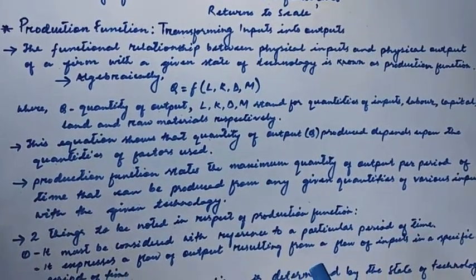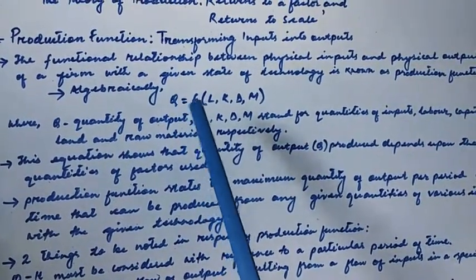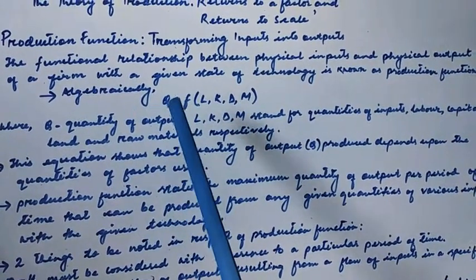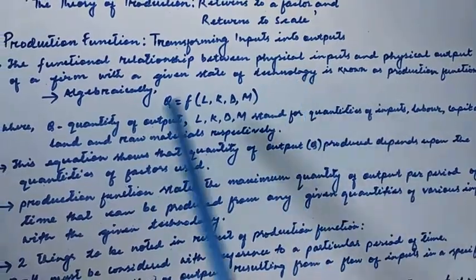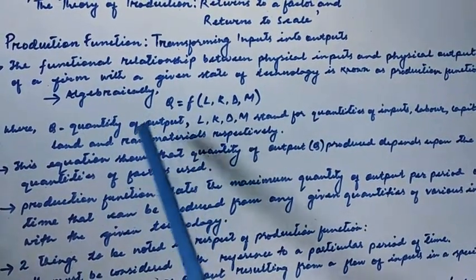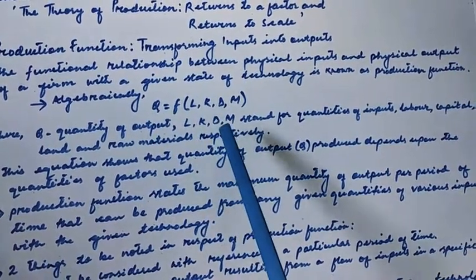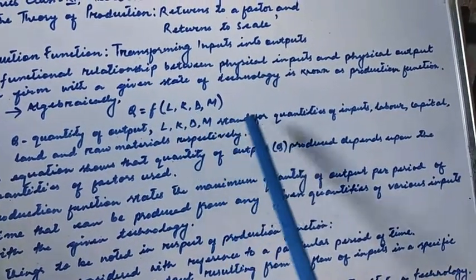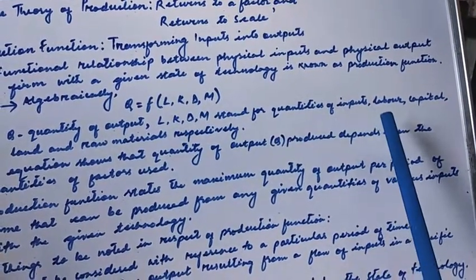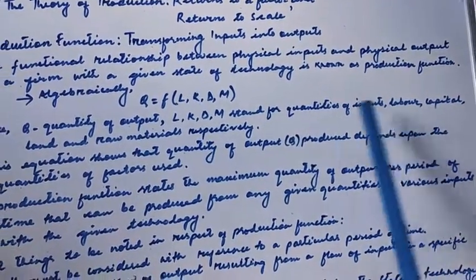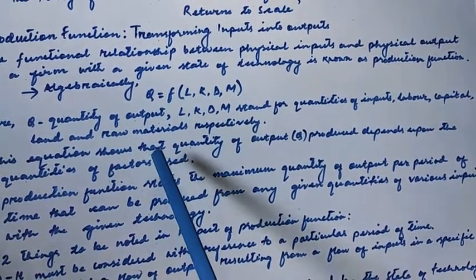So algebraically we can represent the production function like this. Q equals function of L, K, D, M, where Q is the quantity of output that is produced, which is the function of LKDM, and this LKDM stands for the quantities of inputs. So L stands for labor, K stands for capital, D stands for land, and M stands for raw materials.